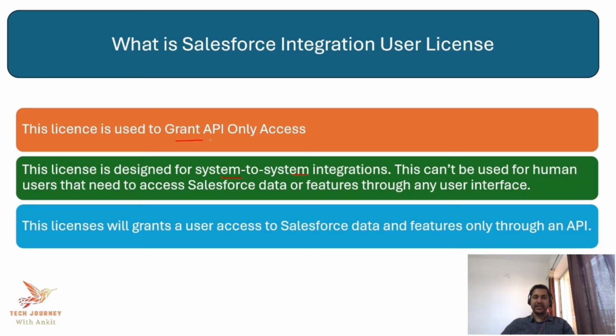And this integration license should only have the API only access, so that they cannot make any unwanted changes into your org. This license will grant a user access to the Salesforce data and features, and the key point here is, only through an API they can access the user details and the Salesforce data.